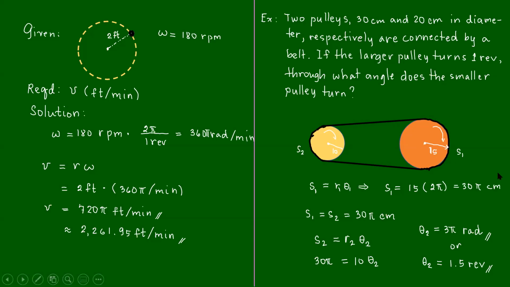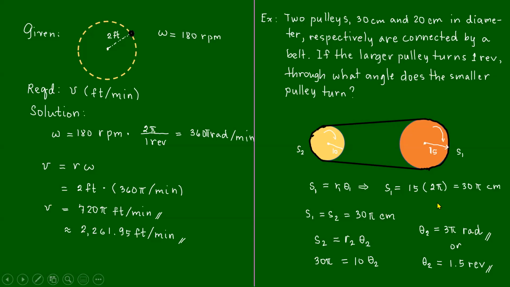Once theta 1 moves a little, there is a bigger movement in the angle for pulley 2, meaning for the smaller pulley. Let's say it moves half pi radians, then it is much more than that for the smaller circle.